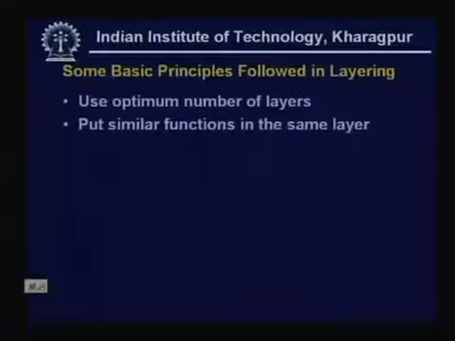And whenever we shall be doing layering, we have to follow some principles to do the layering, to do the partitioning. What is the first principle to be followed? First principle is we have to use optimum number of layers. The number of layers into which the complex problem will be divided should not be too large, should not be too small.